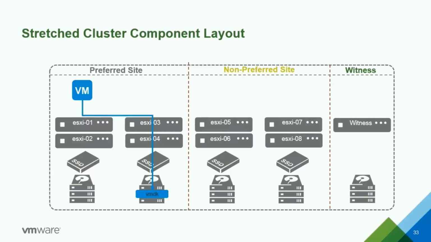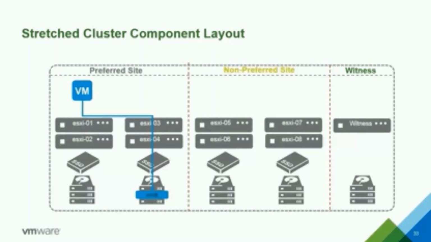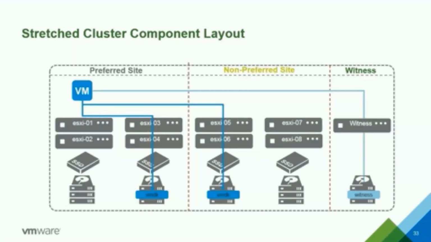And since we're talking about vSAN, that copy of data doesn't have to be on the host that VM is running on. In this case, we've got that VMDK on a different host from the host that the VM is running on. Now, the copy of that VM is at our second fault domain, or our second site. So we've got that other VMDK at the non-preferred site. And lastly, we have that witness component, which is obviously running at our witness site.